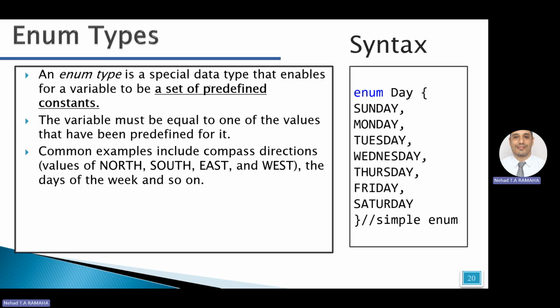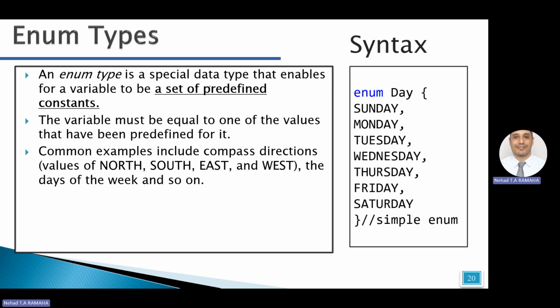Okay. Now, one important subject, which is the enumeration type. You remember the Enum from C language, yes? From programming 2. In C language, you take the enumeration. Here, it's a little bit different. The idea is the same, that we have a set of constant values, like the names of the days of the week, like the names of the seasons, summer, winter, and so on, like the directions, north, south, and so on.